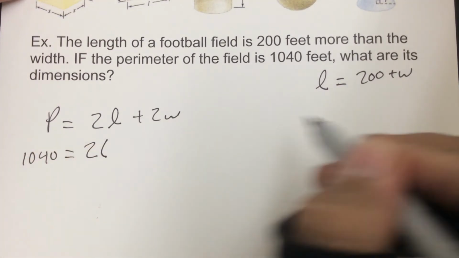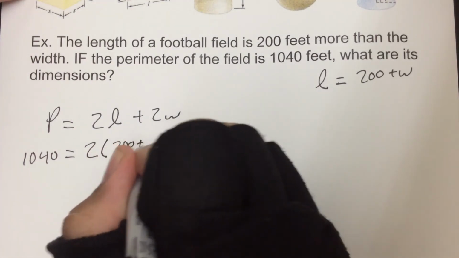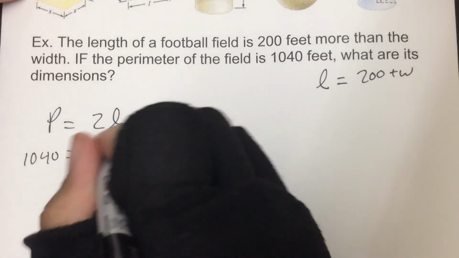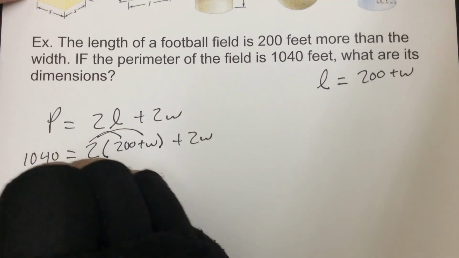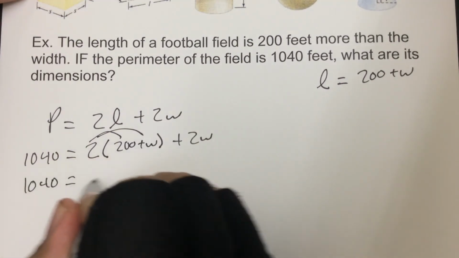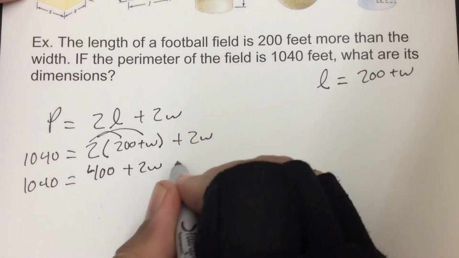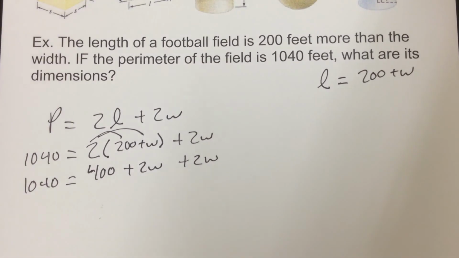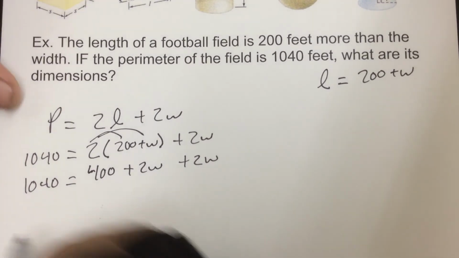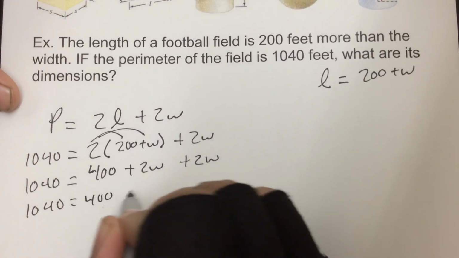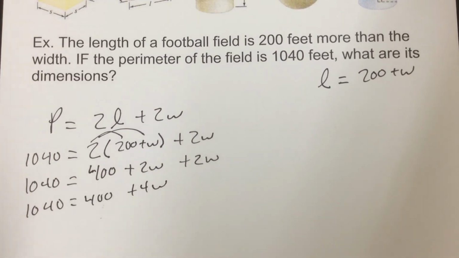We'd have 2 times our L, which is 200 plus W, plus our 2W. Distribute the 2 in. So 1,040 equals 400 plus 2W plus that last 2W. Now we have like terms, so we can put the W's together: 1,040 equals 400 plus 4W.